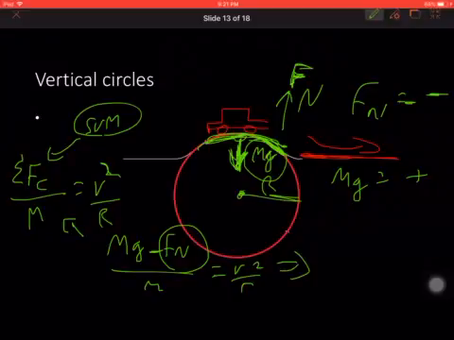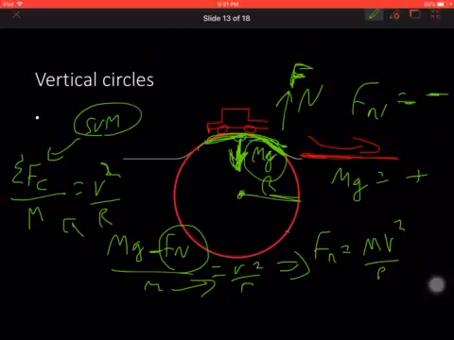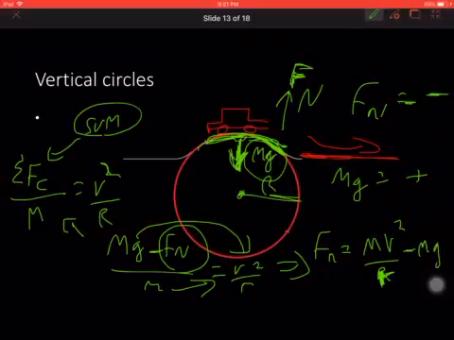So let's do that. You bring m to the other side, so it would be mv squared over r, and then this becomes mg minus Fn. Then you bring mg over to the other side, and this becomes negative mg, but there's still a negative here.